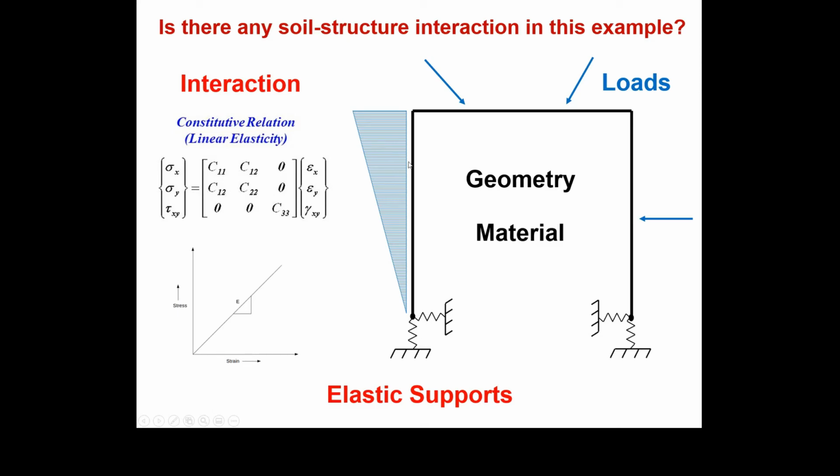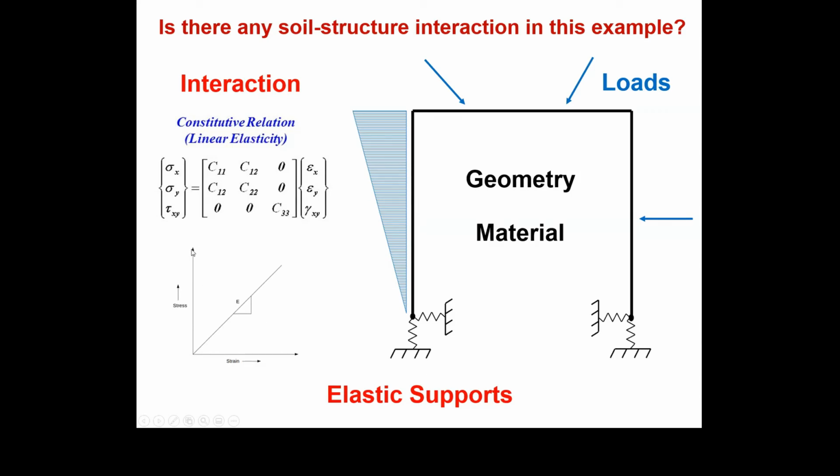And we have a more sophisticated interaction between the soil and the structure. So you have the structure as usual, you have the interaction as springs in two directions, but you're still saying that the soil is rigid.